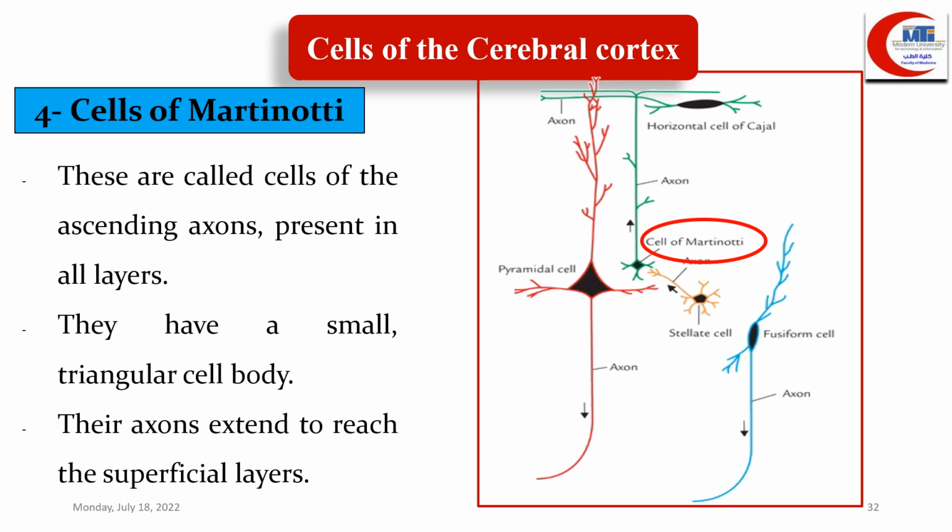You can see on the diagram here the cell of Martinotti, with a very small body, having an axon which ascends to reach the molecular layer, the most superficial layer. They have a small triangular cell body, and their axon extends to reach a superficial layer of the cerebral cortex.